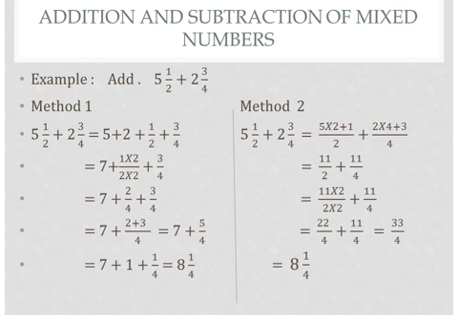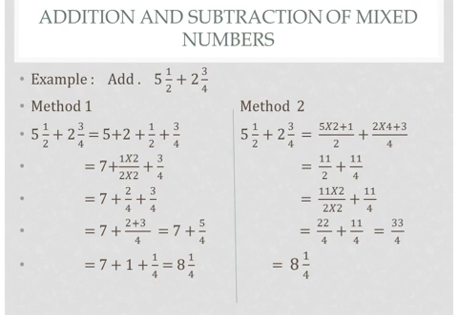So 1 multiplied by 2 upon 2 multiplied by 2 plus 3/4. Now it is equal to 7 plus 2/4 plus 3/4. Now the denominators are equal, so 7 plus 2 plus 3 upon 4 is equal to 7 plus 5/4, which is 7 plus 1 and 1/4. 7 plus 1 is equal to 8, and the answer is 8 1/4.